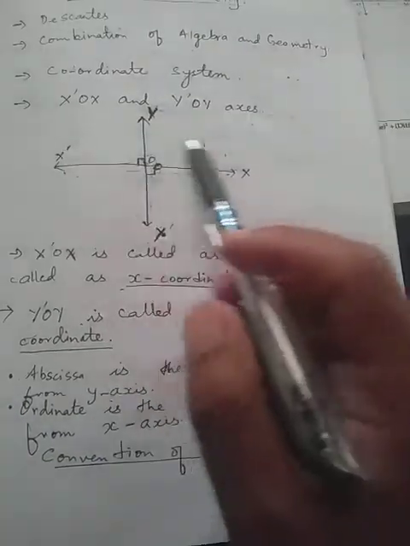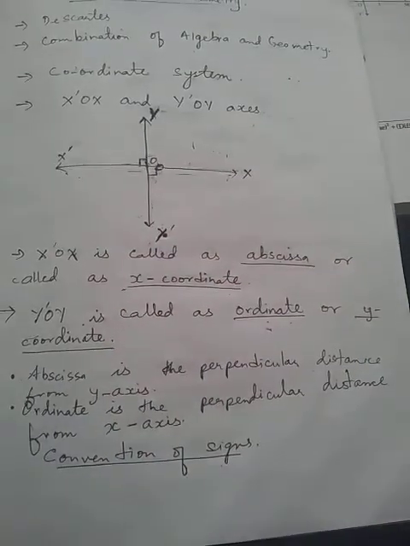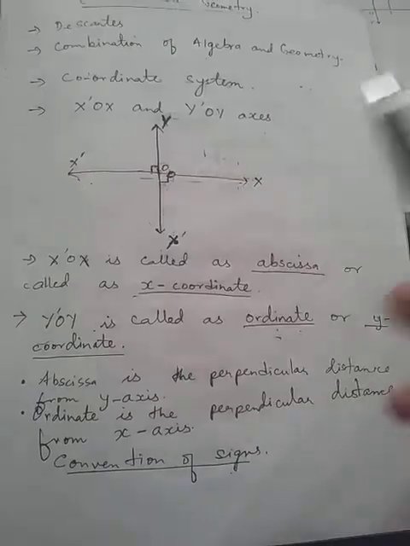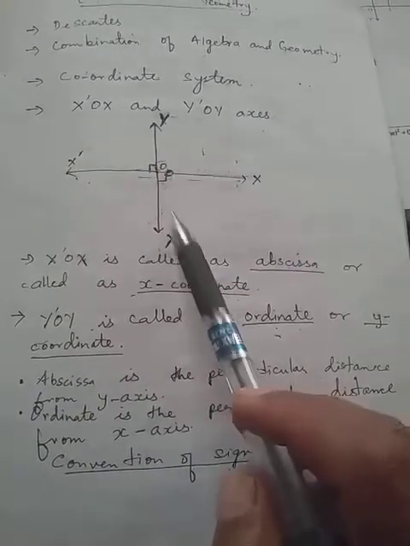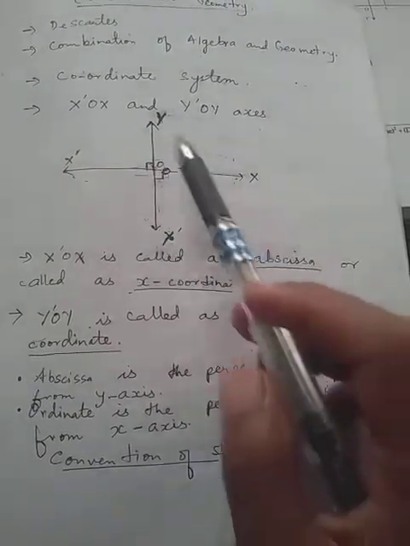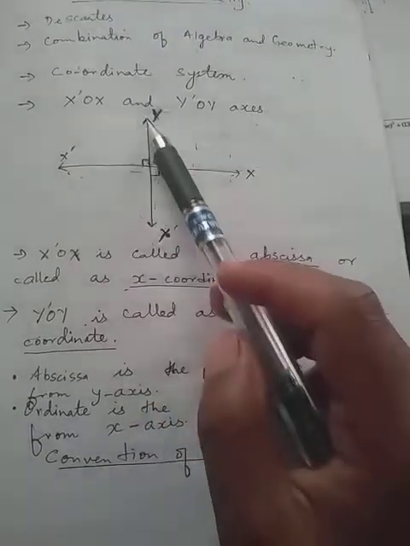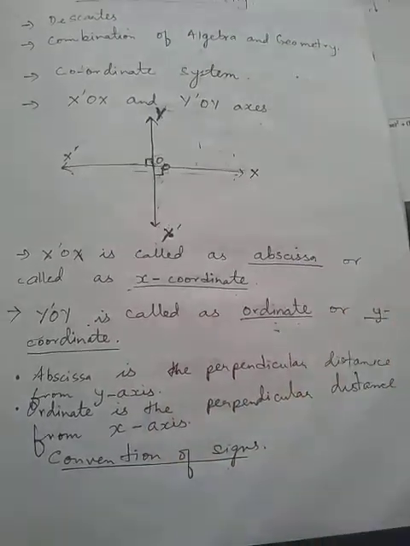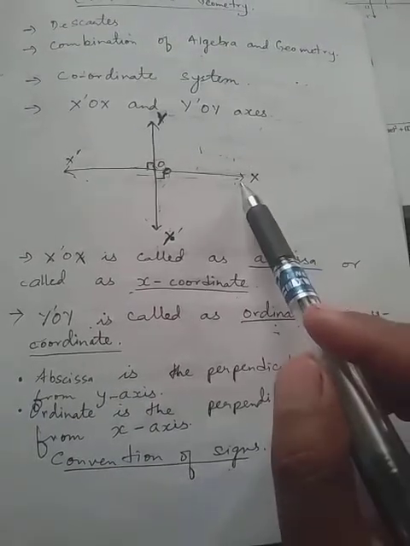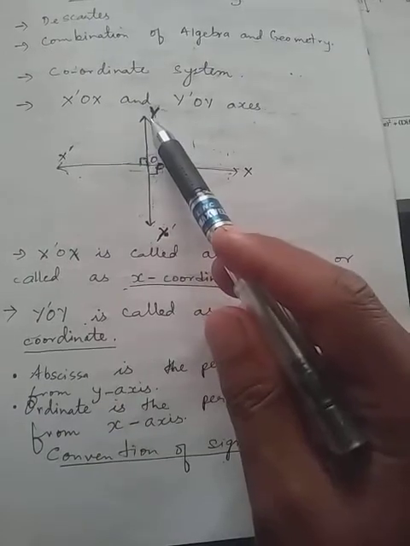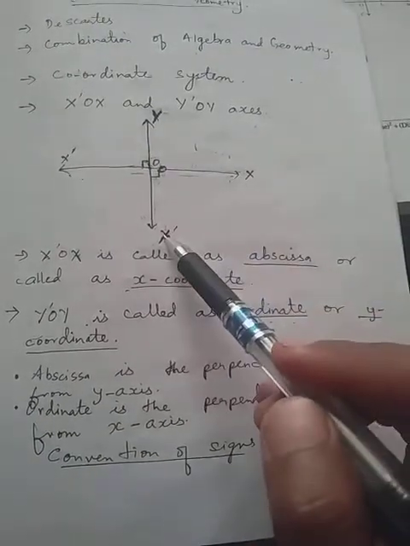This is a little bit of background that you must know and remember. So let us recall again. In coordinate geometry, your plane of paper or graph paper is divided into two, the vertical axis and the horizontal axis. The horizontal axis is x, o, x dash, and the vertical axis is represented by y, o, y dash.